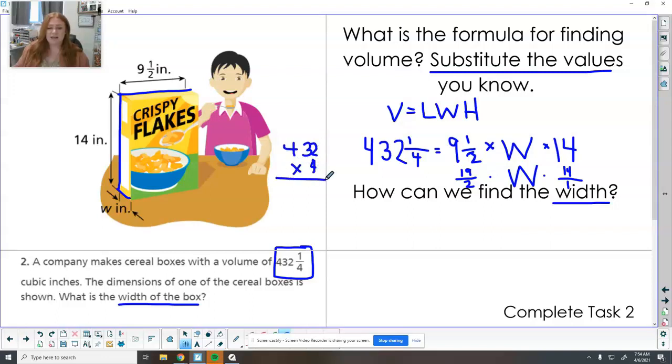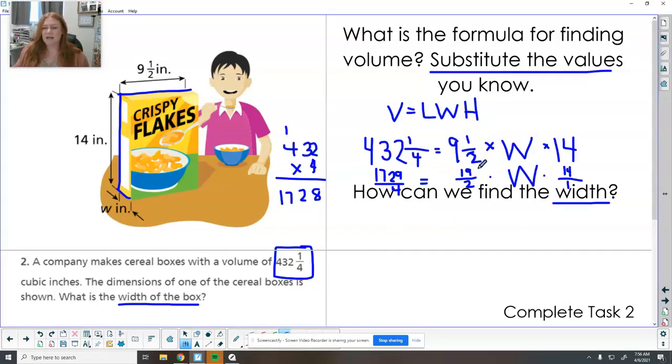Go ahead and try that one. So 4 times 432 is 1728, and one more is 1729 over 4.